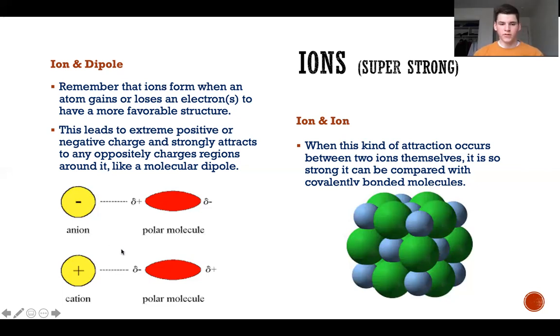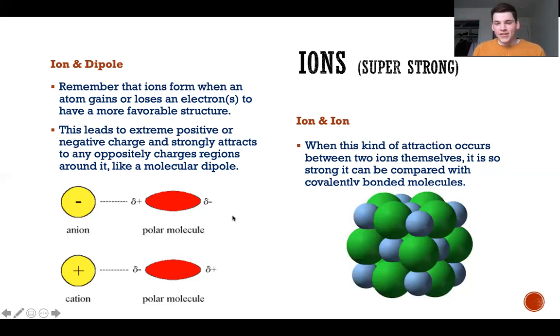And alternatively, it could also be a cation, our transition metals form cations, so they'd be much more attractive to the negative sides of polar dipoles. And so those are stronger than hydrogen bonds, because hydrogen bonds are like strong dipoles, and ions are like dipoles on steroids, so even stronger than that.